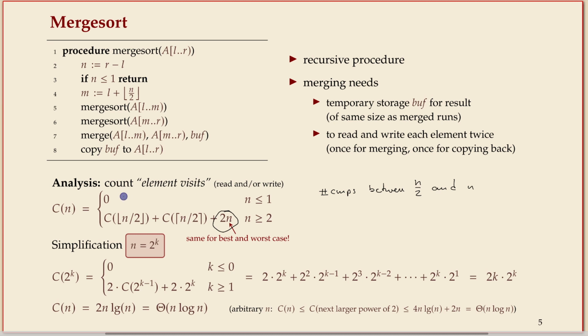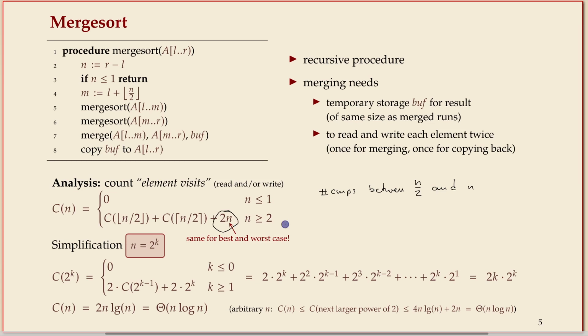So that costs us nothing. Otherwise, we do these two recursive calls. And if you work out how long they are, one is n half rounded down, and the other is n half rounded up. So we use the same function. That's the cost for recursively calling on the left and right part. And then we add 2n for the merging. That's where this recurrence comes from.